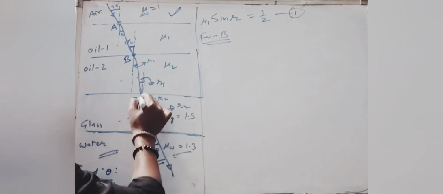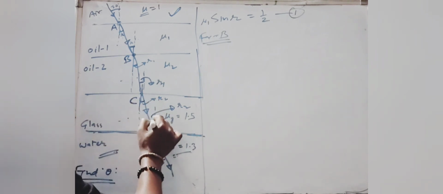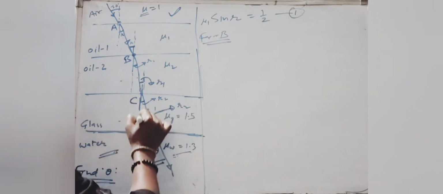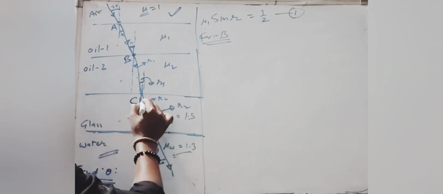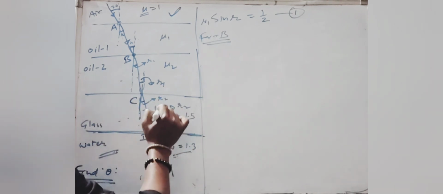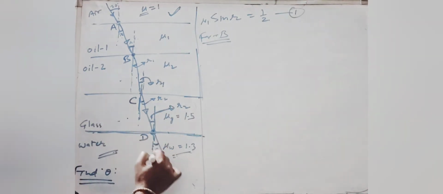Here also consider it is r2. This angle will also be r2, because again these lines are parallel, both perpendicular to the parallel interfaces. And here it is theta, and you need to find this theta.